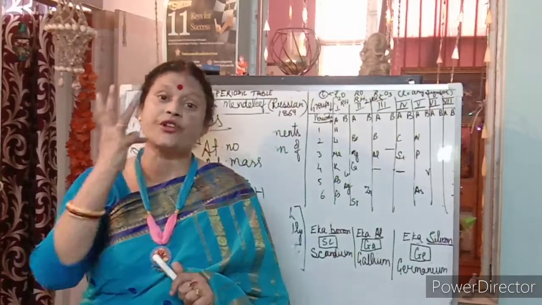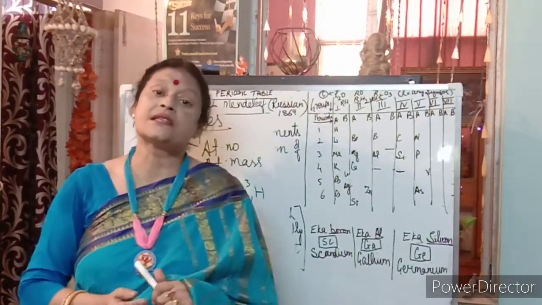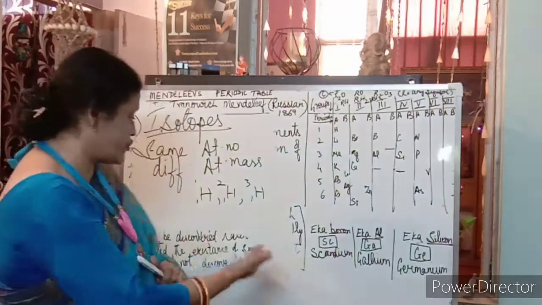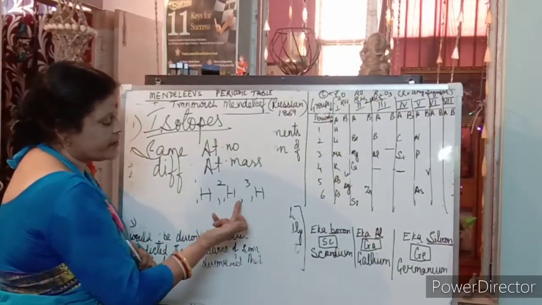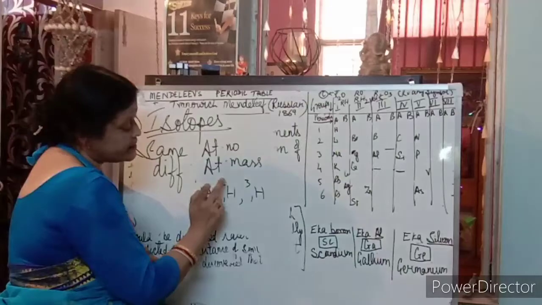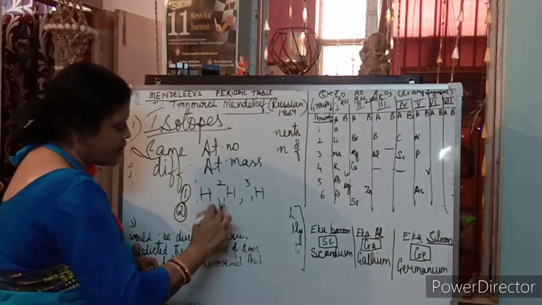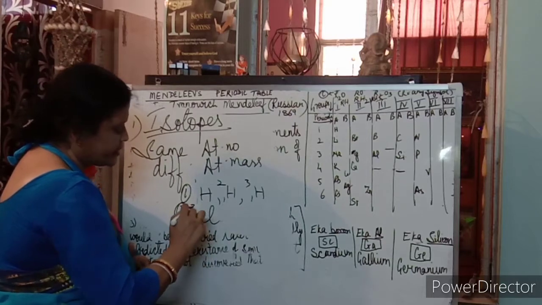And in this form they exist on this earth. Like for example hydrogen, the atomic number is the same but the mass numbers are different. This is one example. A second example we can call chlorine, 35, 37.